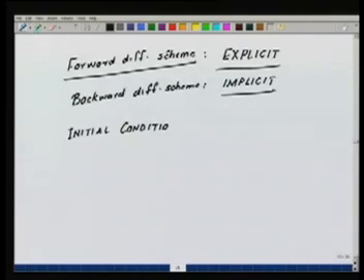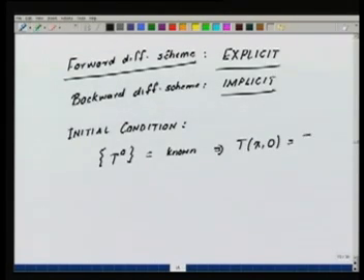That is, this will mean T0 is known. This implies T at all points at time t equal to 0 is equal to some function T bar of x. How will I obtain this?